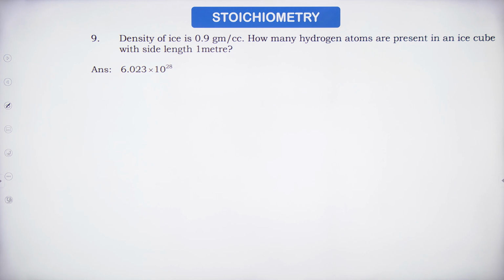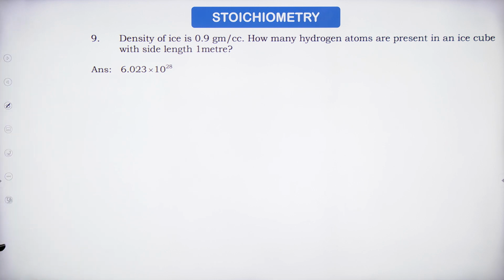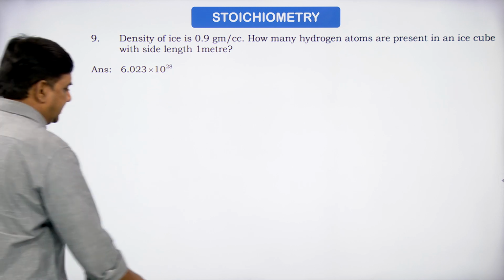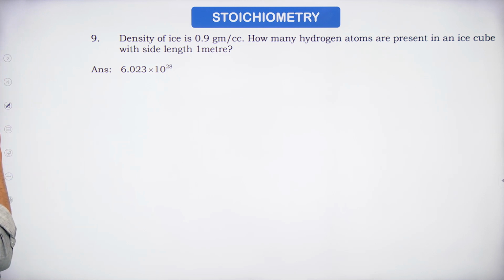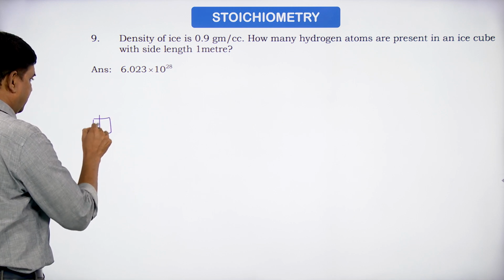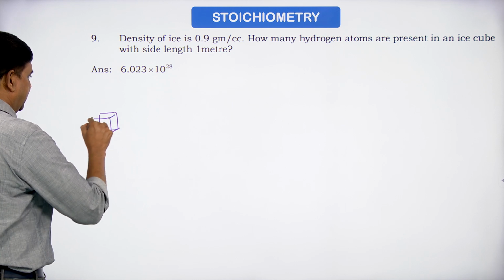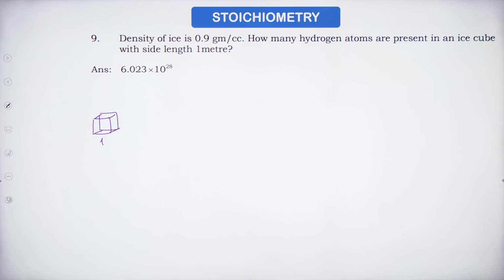One cube. See, the density of ice is 0.9 grams per cc. How many hydrogen atoms are present in an ice cube with a side length of 1 meter? Let us say this is the ice cube and length is L, and volume is equal to L cube, no?